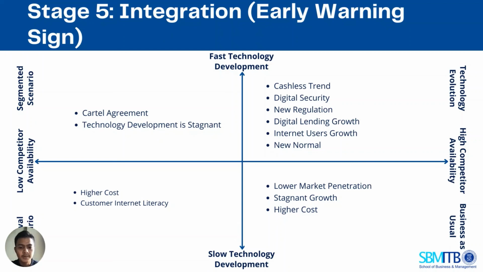The more conventional the company, the higher the cost, especially in spending on human resources. While in the business as usual section, the company will have stagnant growth from time to time and the market penetration is lower. So because of the stagnant penetration, that means the cost will get higher as well, related to the human resources and the operation costs.